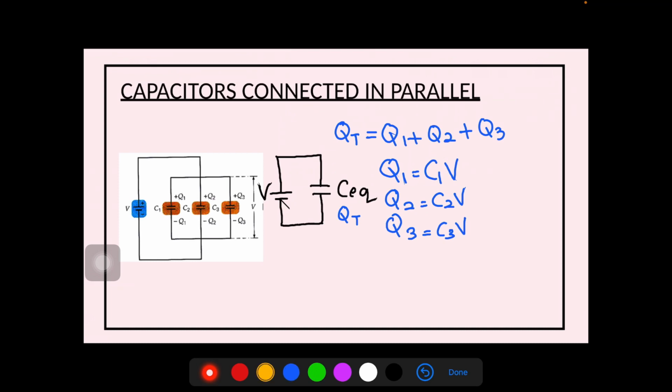To find the C equivalent from the equation, C equivalent equals Q total over V.